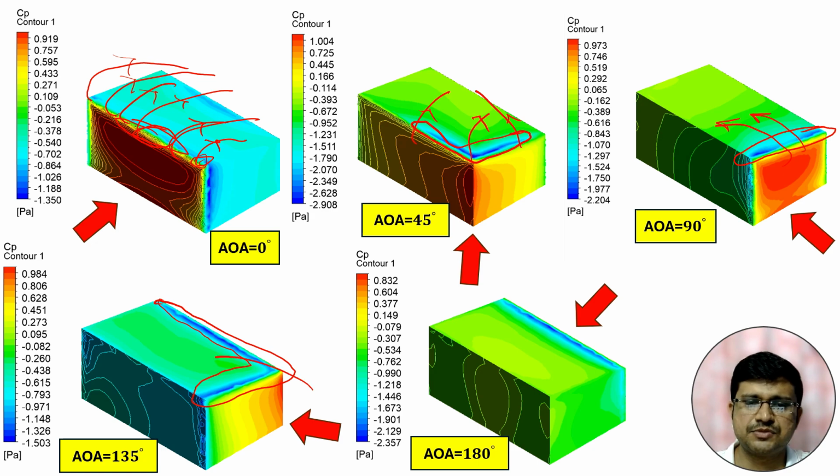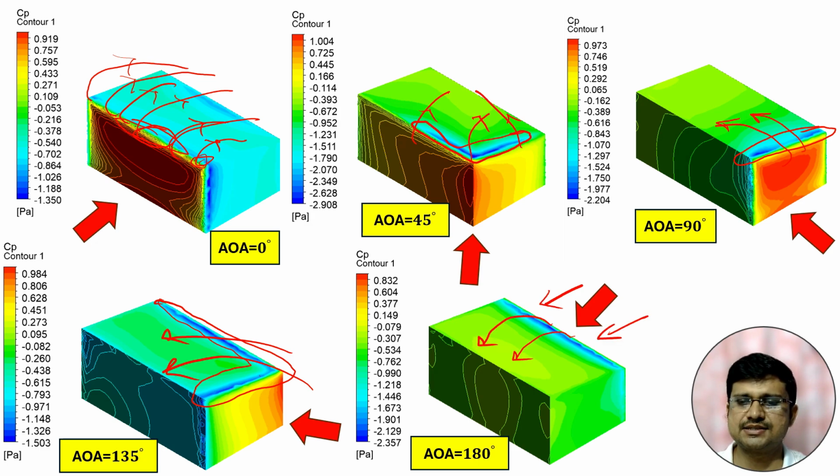Here wind is coming from this direction and moving like that, so here also there will be flow separation. I have discussed this flow separation in detail in the previous video, so you can check that video also. Now for 180 degree, wind is coming from this direction, and again at this point the flow separation is occurring like this. So just after the flow separation point, in this zone there is a huge amount of local suction.